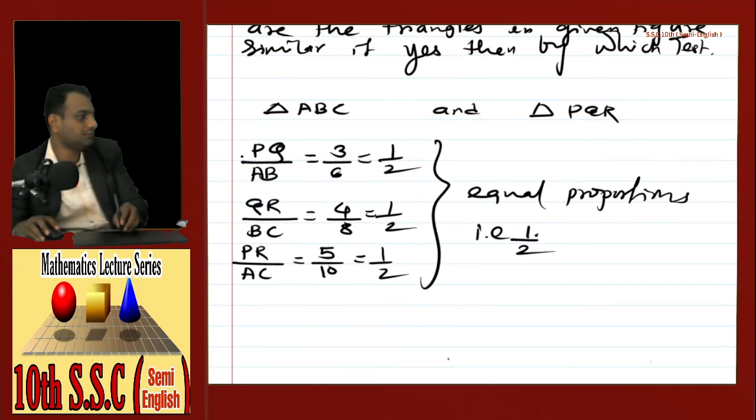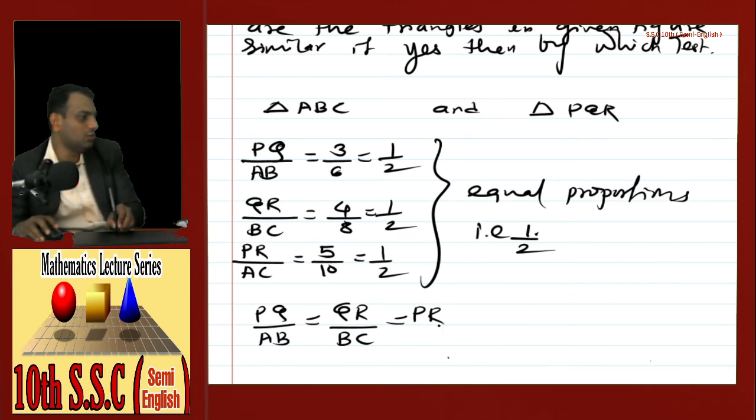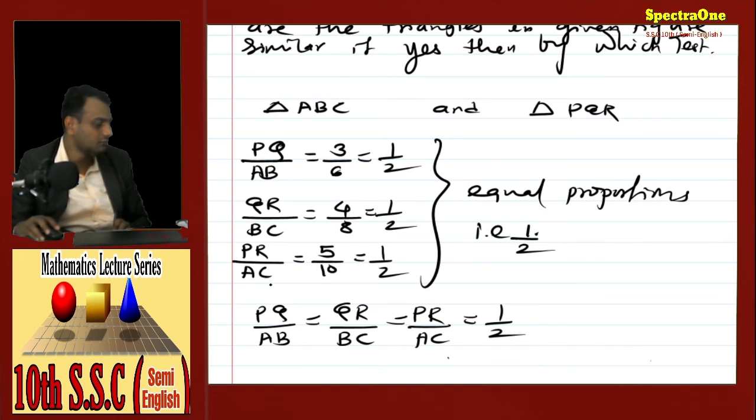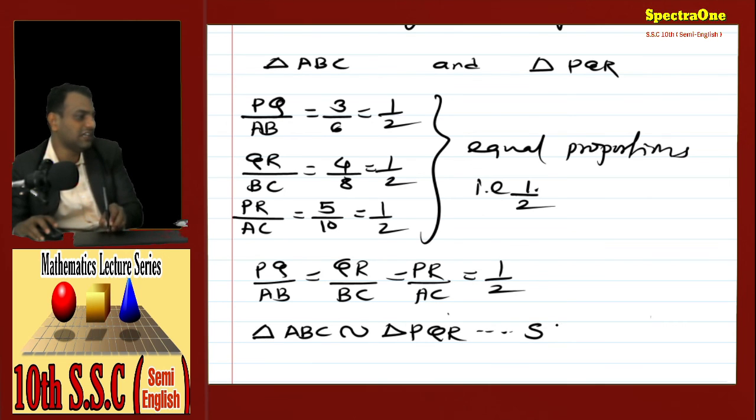Therefore, PQ upon AB equal to QR upon BC, which is equal to PR upon AC, which is equal to 1/2. Therefore, triangle ABC is similar to triangle PQR by which test? By side test of similarity.